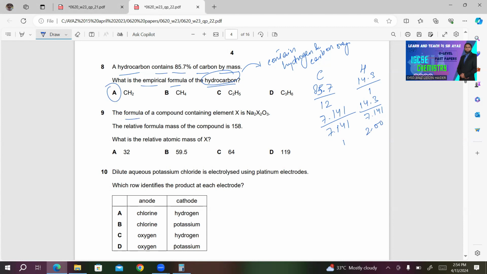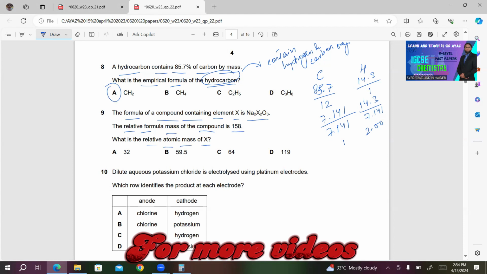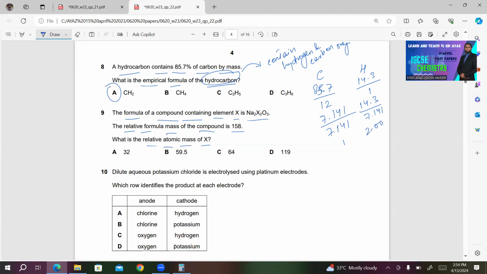9. The formula of a compound containing element X is Na2X2O3. The relative formula mass of the compound is 158. What is the relative atomic mass of X? Let's consider X as small x. We need to know the AR of sodium and oxygen.